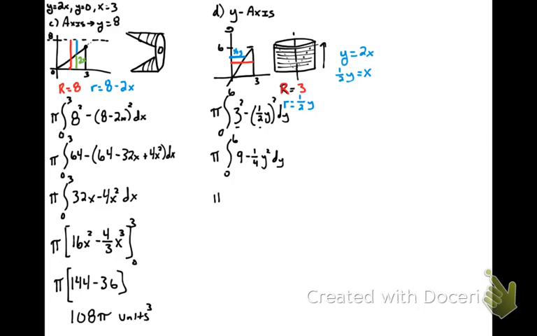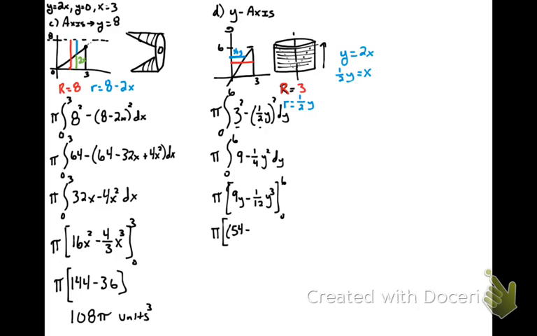Integrating this, we end up with pi times, and this will be 9y minus 1/12 y cubed from 0 to 6. Substituting in 6, we'll have 54 minus 6 cubed is 216. 216 divided by 12 is 18.